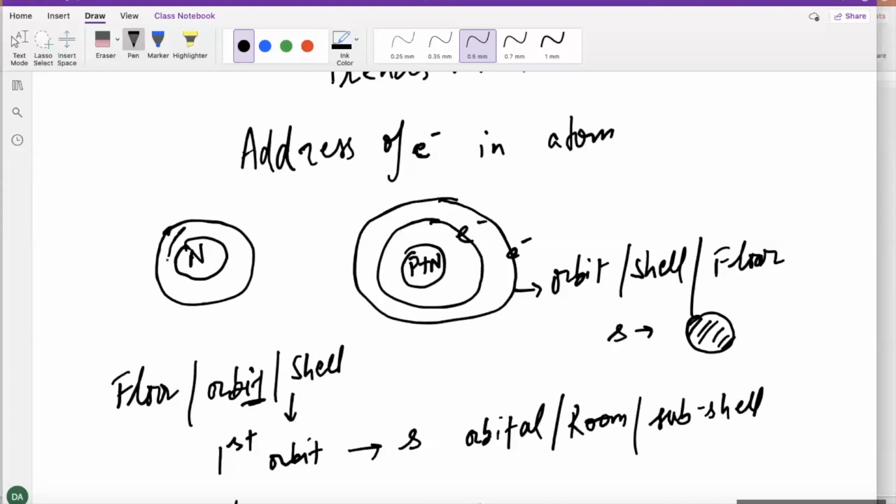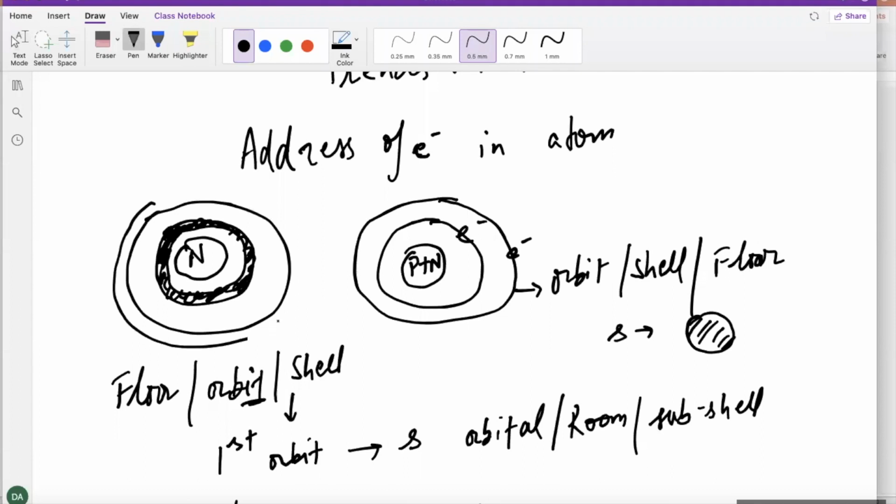So think of this region being a sphere, and you can find electrons in that sphere. So this is your S shape or the S orbital, also called the subshell. Now, as we said, the first floor has the S orbital. As you go to the second floor, you're going to have another S orbital. So on the second floor, there'll be another spherical shape, and that spherical shape is also the S orbital.